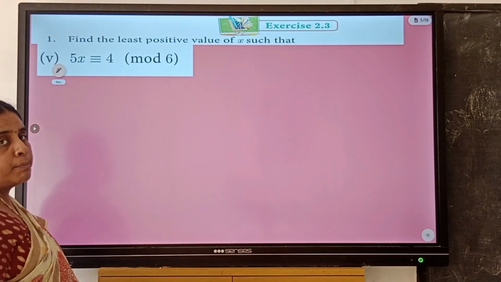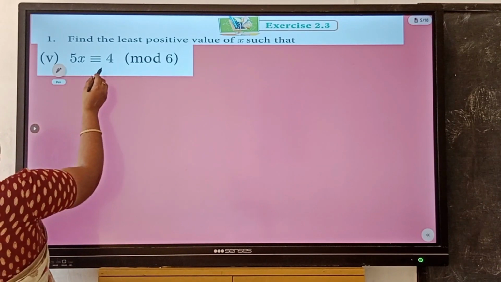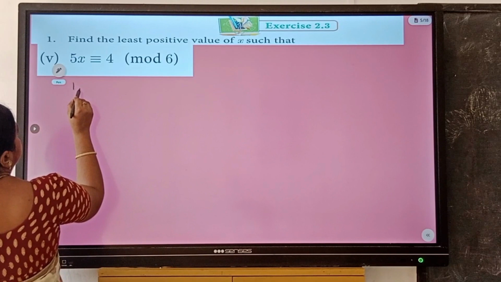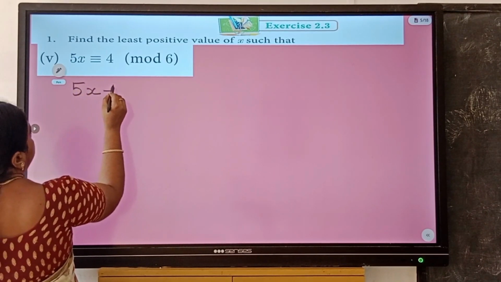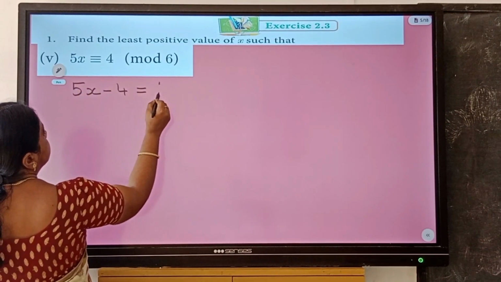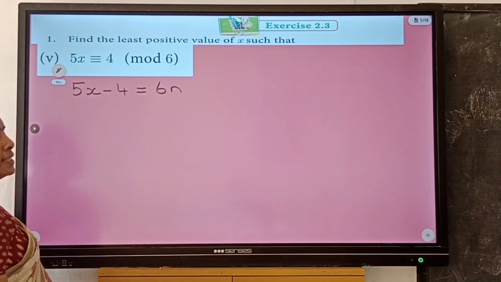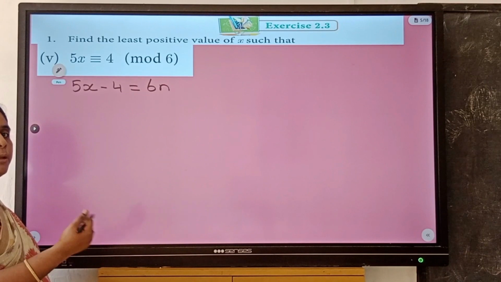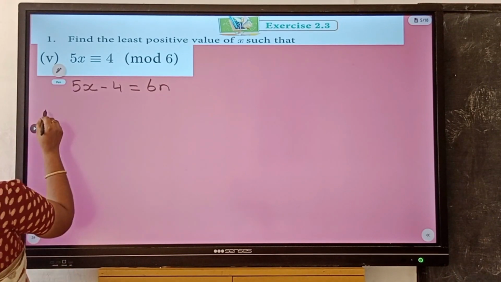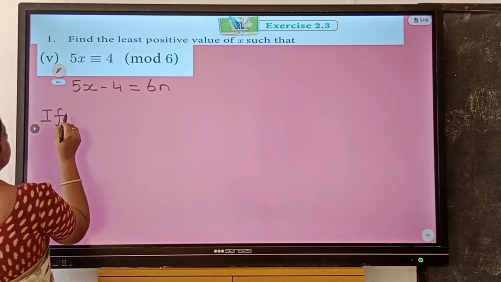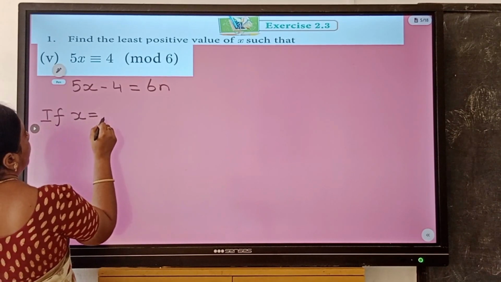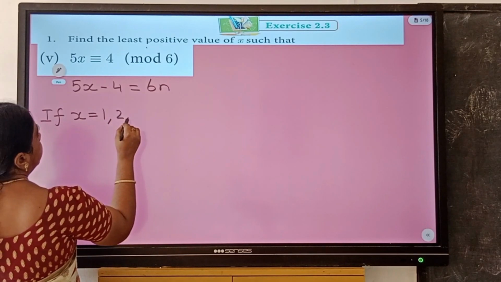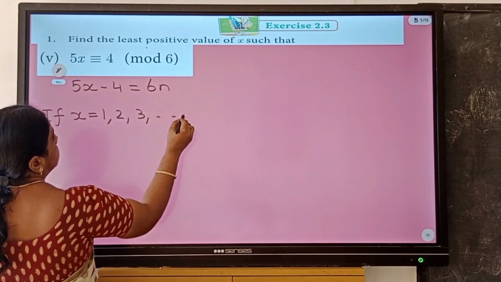Now in the fifth subdivision, we have 5x is congruent to 4 mod 6. So in the next step, we write it as 5x minus 4 is some multiple of 6. I start taking the values of x from 1 because they have given least positive value, so 1, 2, 3 and so on.